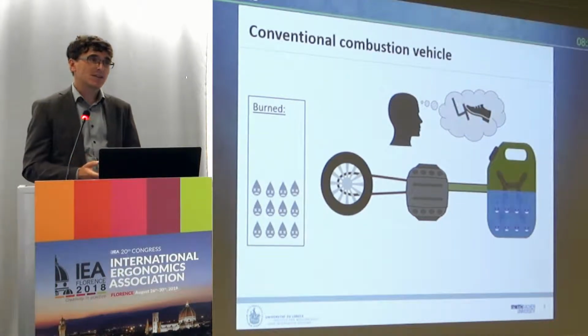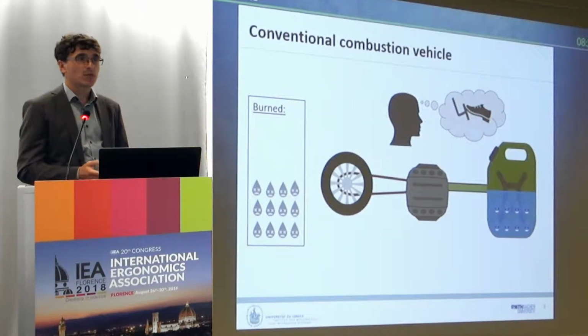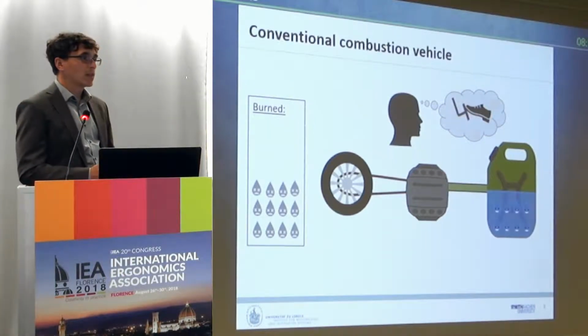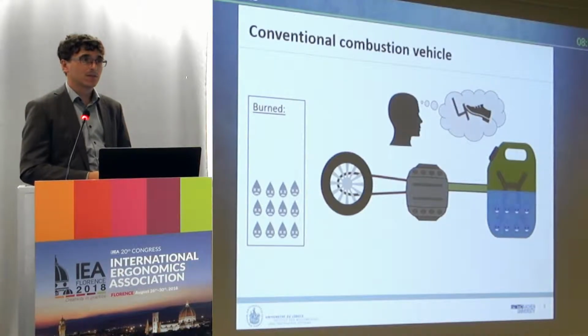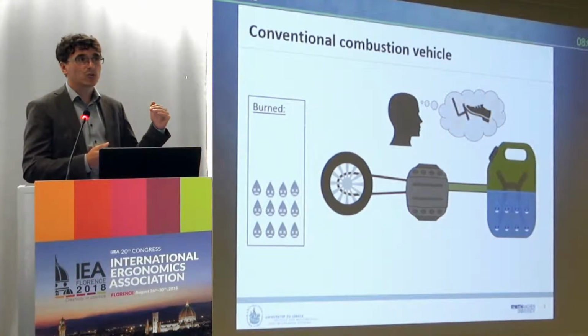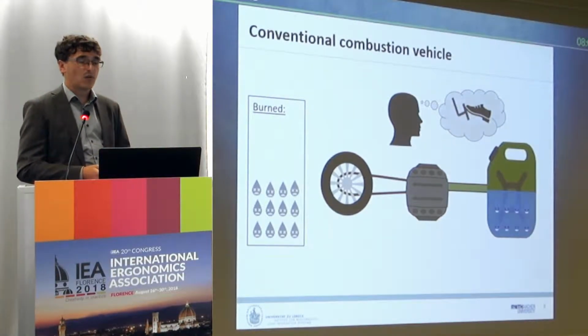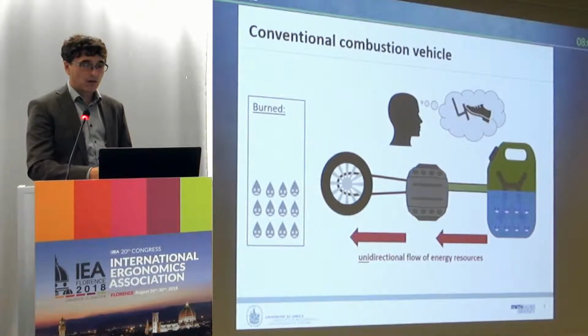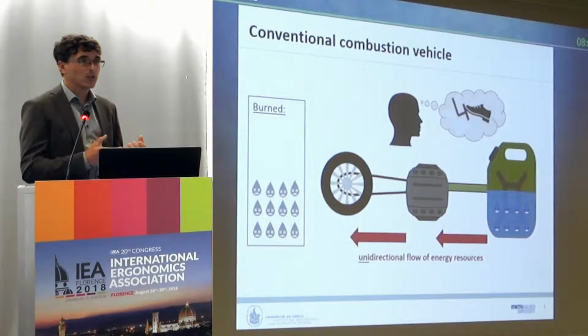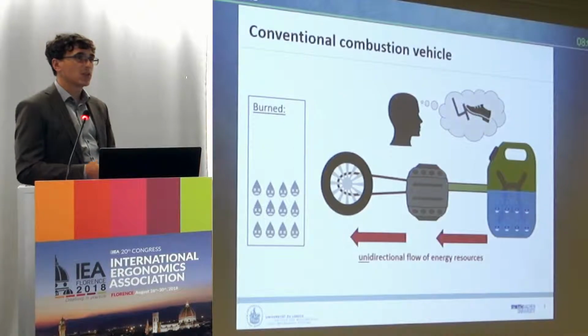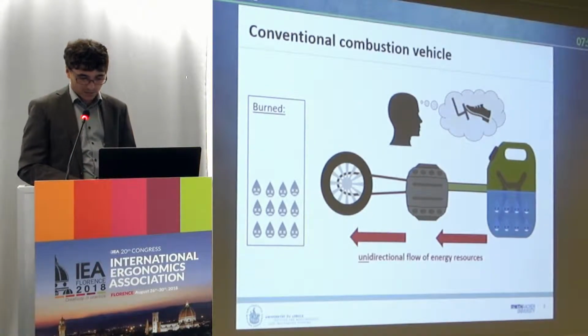But the bad thing is that once you have burned these drops of fuel, you can never have them back. There's no way the fuel will ever come back into the fuel tank. And so you could say your energy resources are a monotonously decreasing function. And that's why you could say it has a unidirectional flow of energy resources in a conventional vehicle.